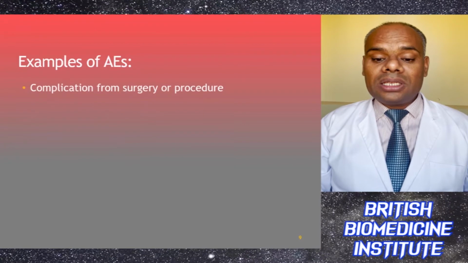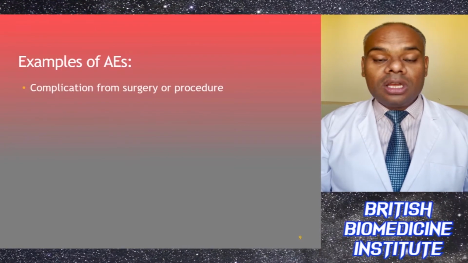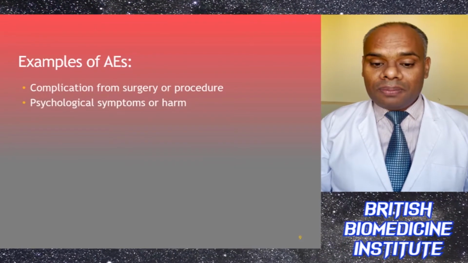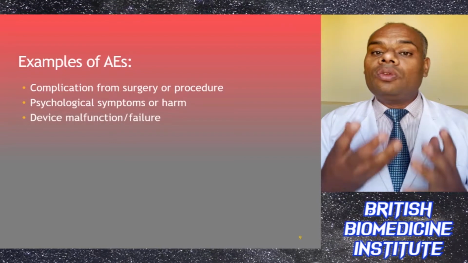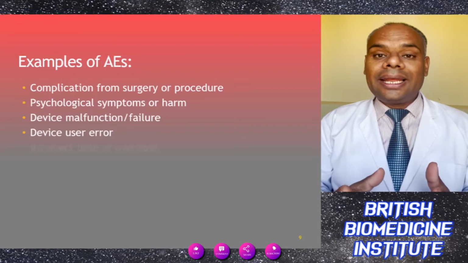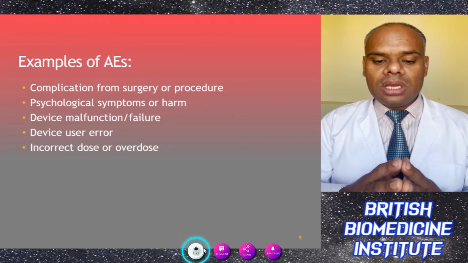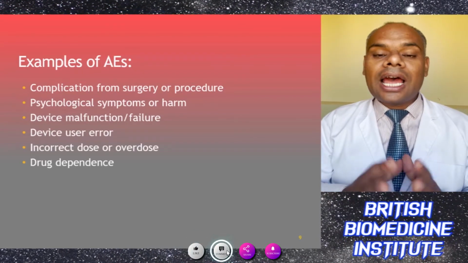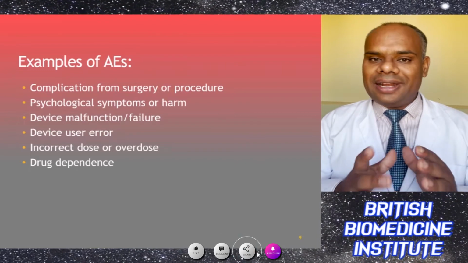Also a complication from surgery or a procedure, psychological symptoms or harm, device malfunction or failure, device user error, incorrect dose or overdose, and drug dependence. These are examples of adverse events.